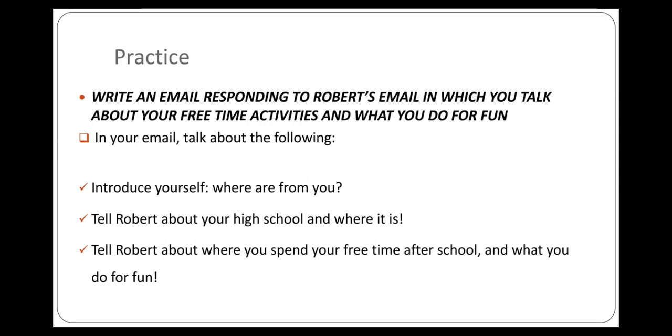Now in this email, try to talk about the following. Introduce yourself first. Tell the person about your high school, where you study, and where it is. Try to describe your school first, then the location. And you finish with what you do for fun, so the leisure activities you do.